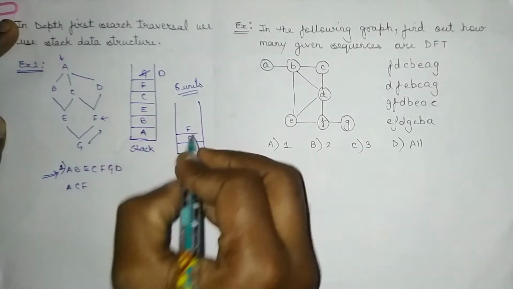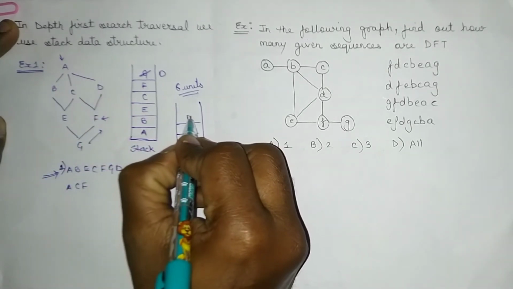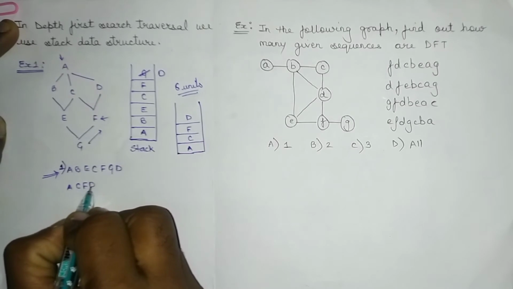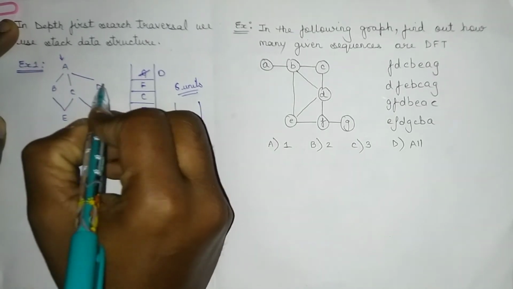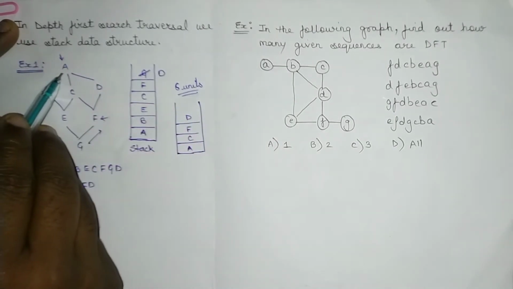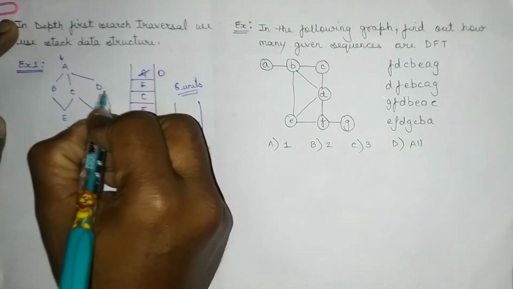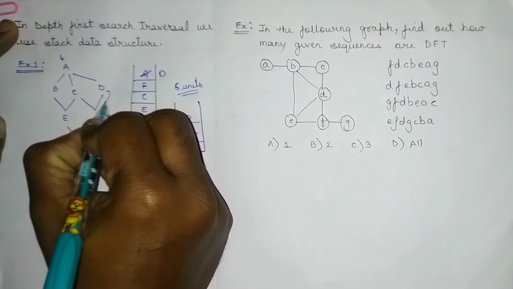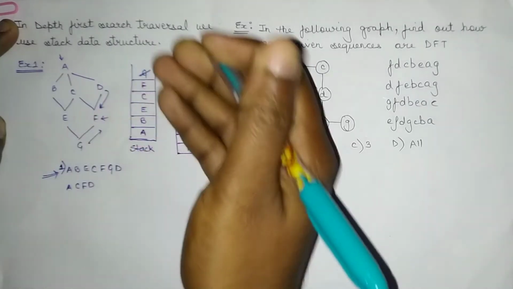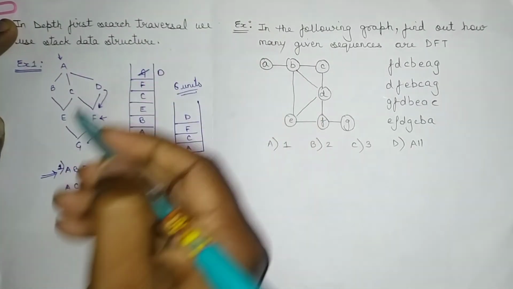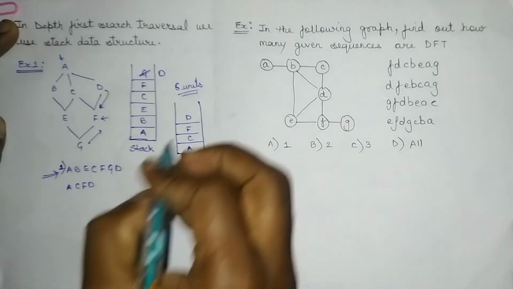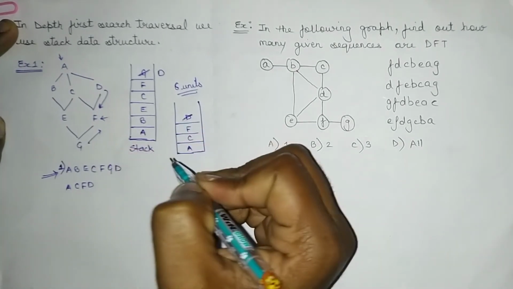D and G. Let's say I am taking D. So D will be printed. After coming at D, you can see that A is already traversed here, and F is already traversed. That means now you have to backtrack. So after D, when there is no new node available, you have to backtrack to F, and D will be popped out.